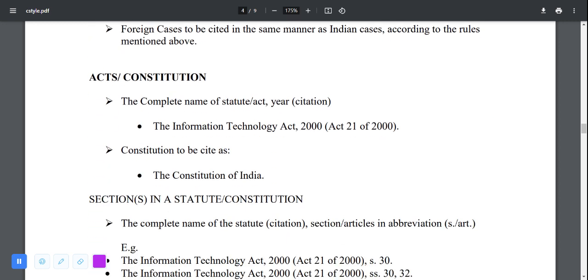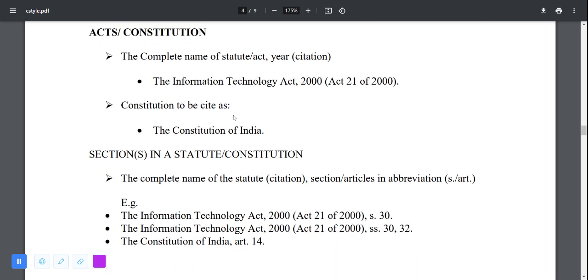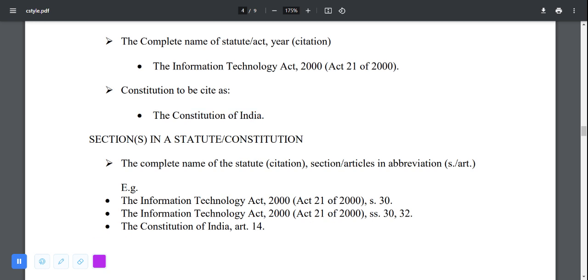Similarly, if you want to quote any information from statutes, then you can write this. If you are quoting information from the IT Act or any other act, then quote like this. If you are randomly pointing out information from the Constitution of India, then directly you can write the Constitution of India.